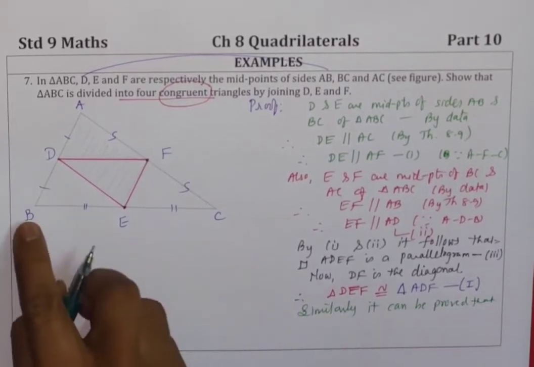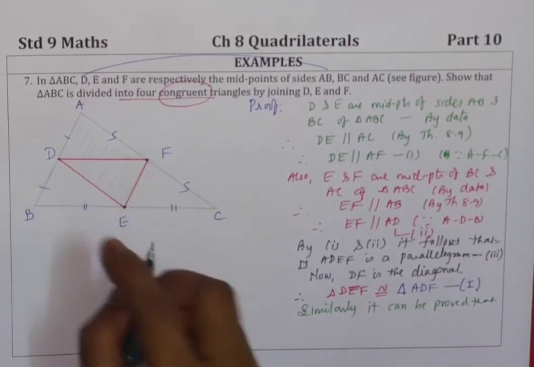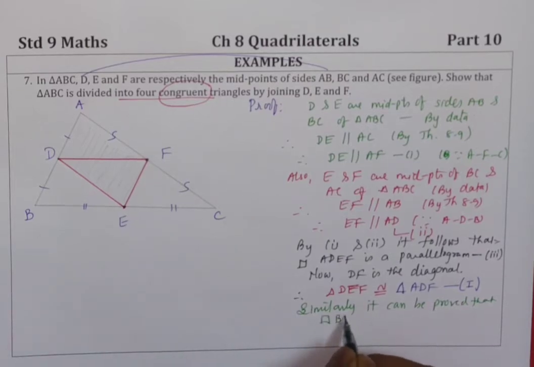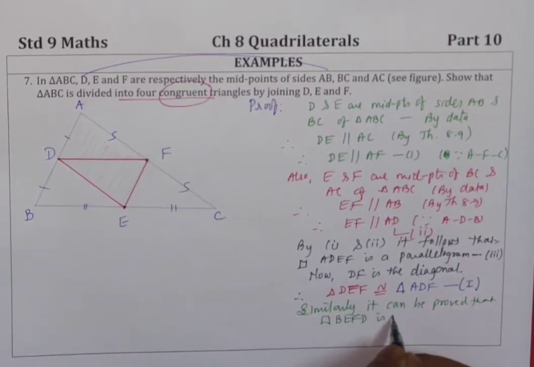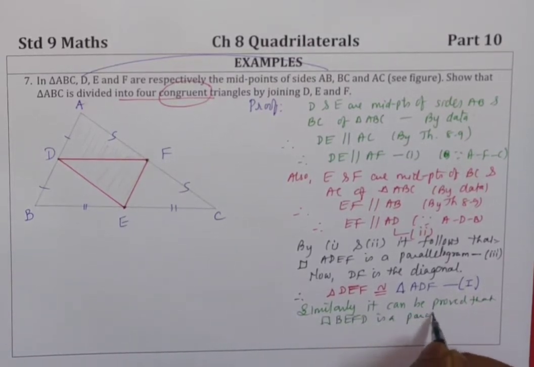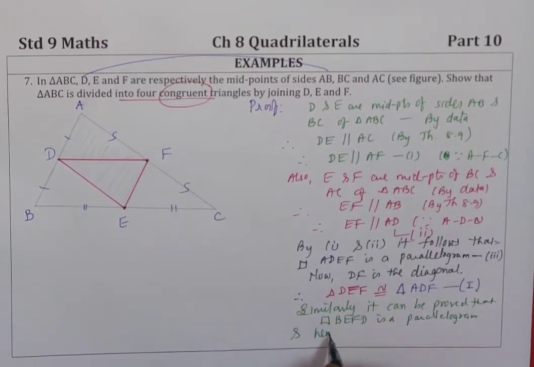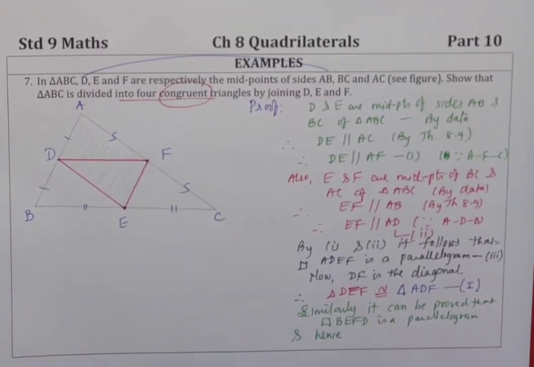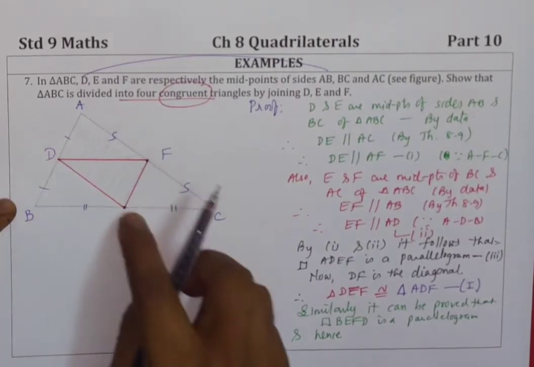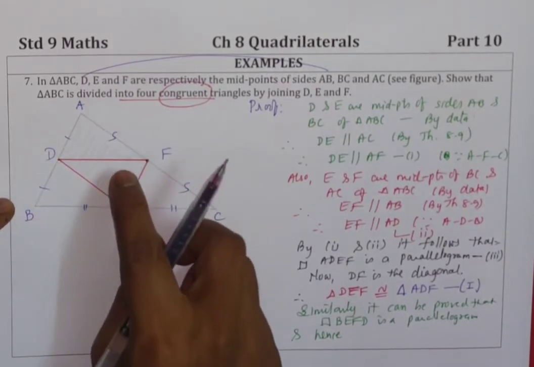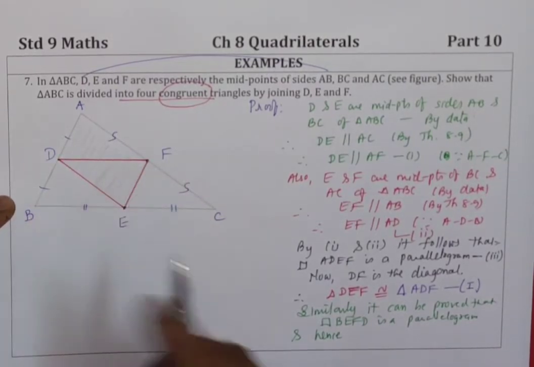that quadrilateral BEFD is a parallelogram, and hence in this parallelogram DE is the diagonal, so the red triangle and this triangle are congruent.